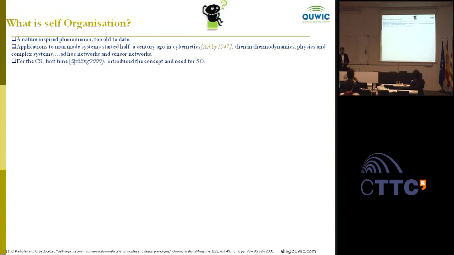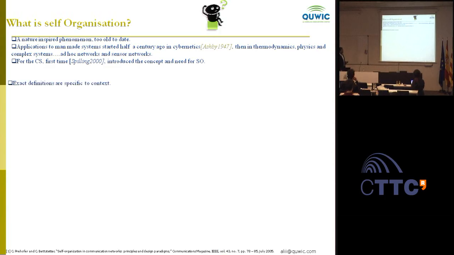In cellular systems particularly, the first person who conceived that there is a need for self-organization in cellular systems, or that we can make cellular systems self-organizing, is Spilling, who published a paper in 2000. This paper was more about identifying the needs and opportunities to introduce different SON functionalities.